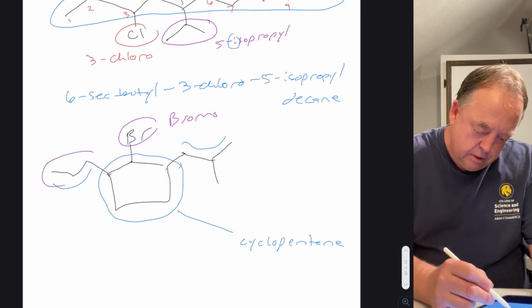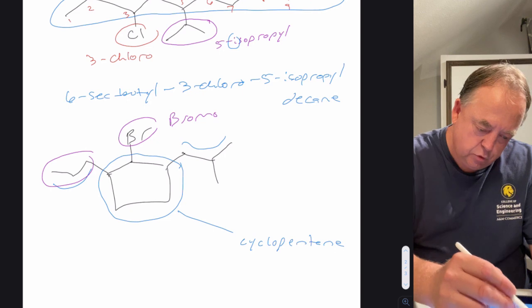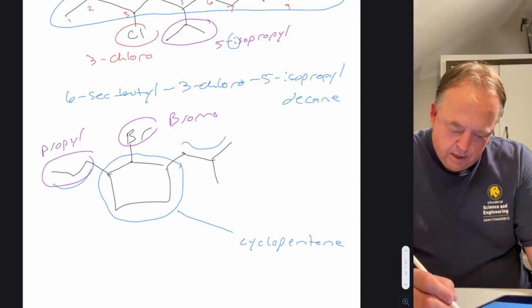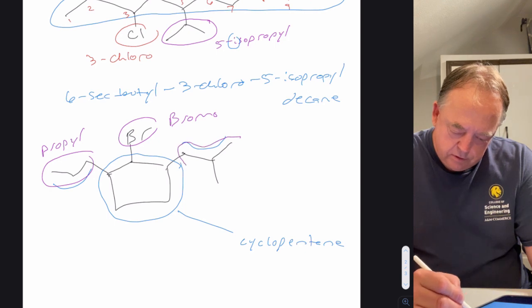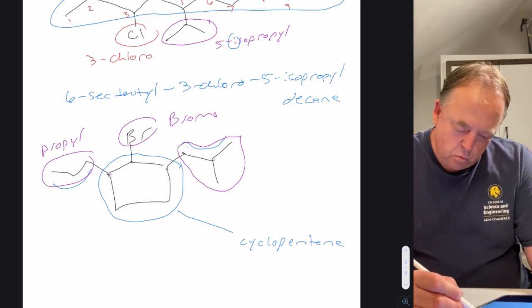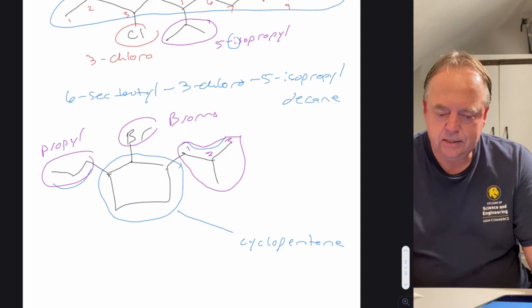And then this would be a butyl. No, that's not a butyl. That's 3 carbons, so that's propyl. And then this would be, so total of 4 carbons, so it's either butyl, sec-butyl, isobutyl, or tert-butyl. And this is the one that's got a 1, 2, 3 carbon chain with the carbon at number 2, so that's the isobutyl.